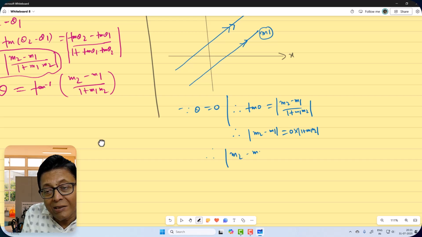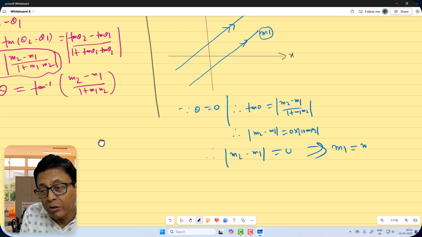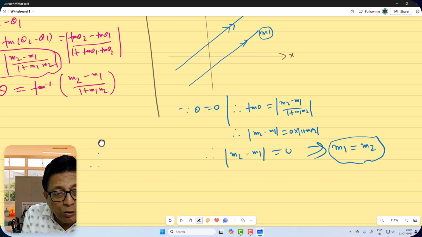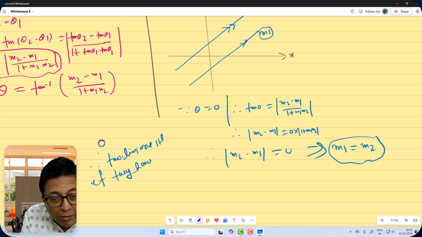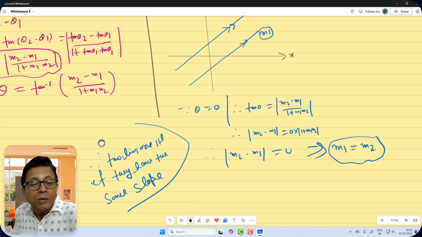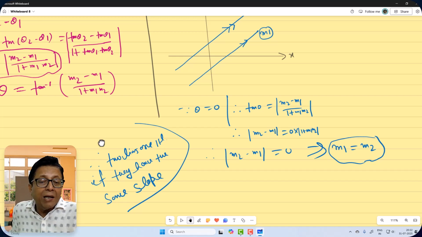Mod m2 minus m1 equals 0. m1 equals m2. So therefore, two lines are parallel if they have the same slope.